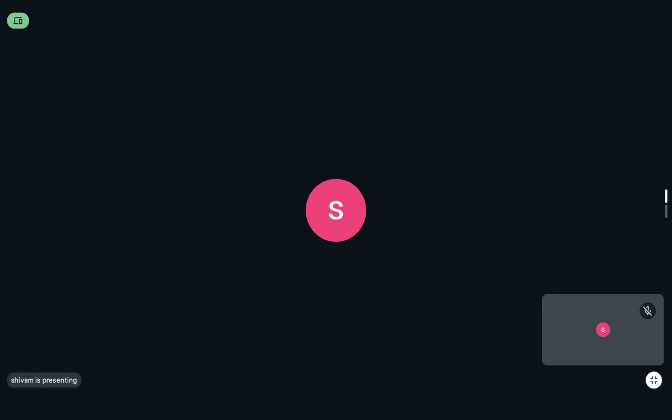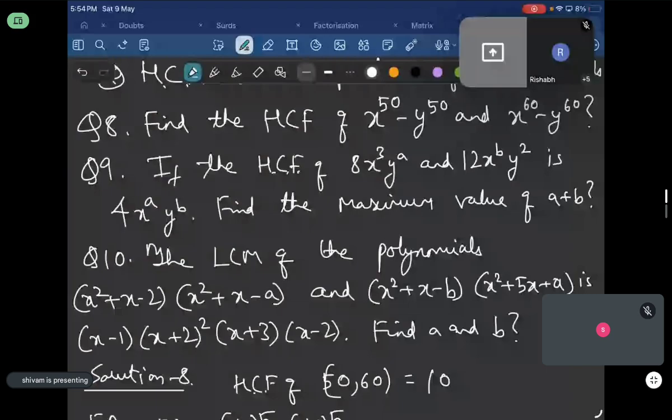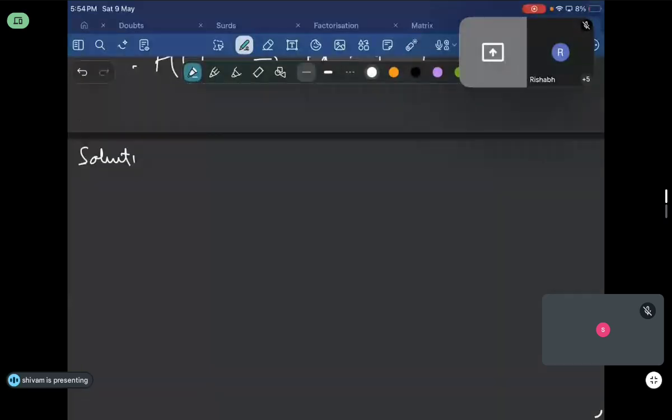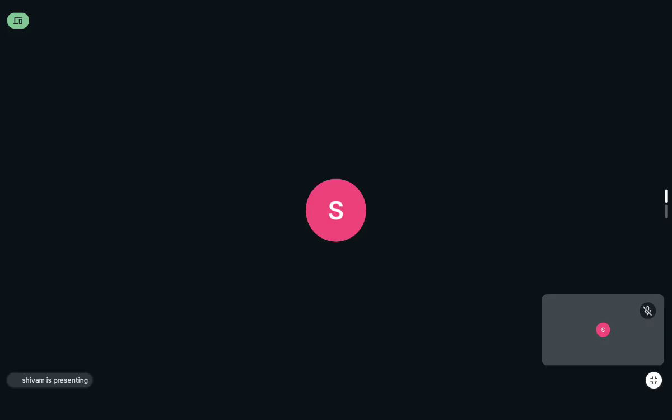Pay attention. We've got 8x cube y to the power a and 12x to the power b y square, and the HCF is 4x to the power a y to the power b.